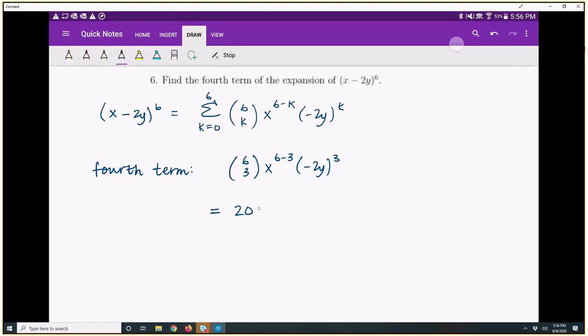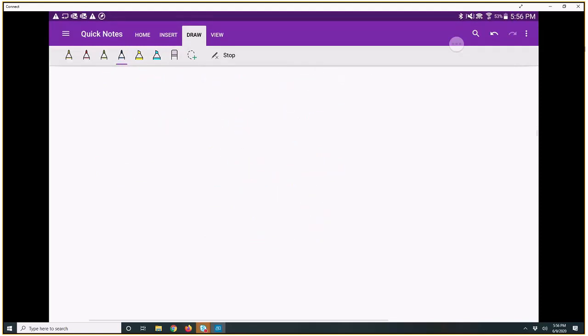And minus 2 cubed is minus 8. Then I have x cubed y cubed. So this is minus 160 x cubed y cubed. So by using the binomial theorem, I could quickly find the fourth term in the expansion without having to do the distribution 6 times and end up with so many terms.